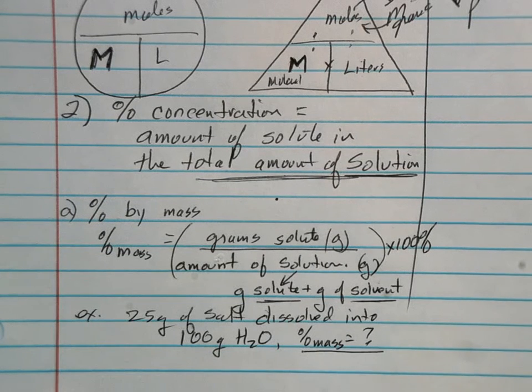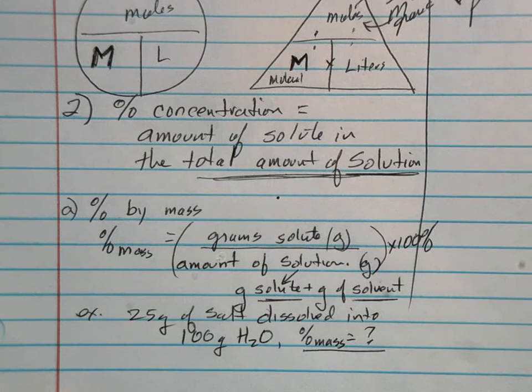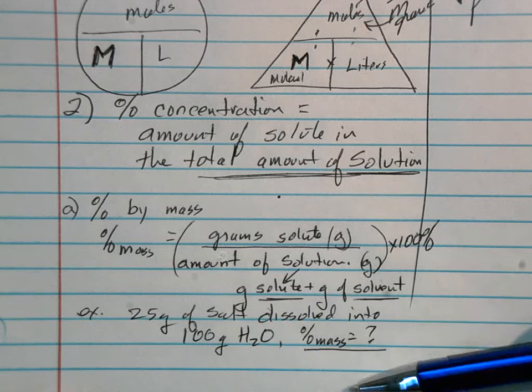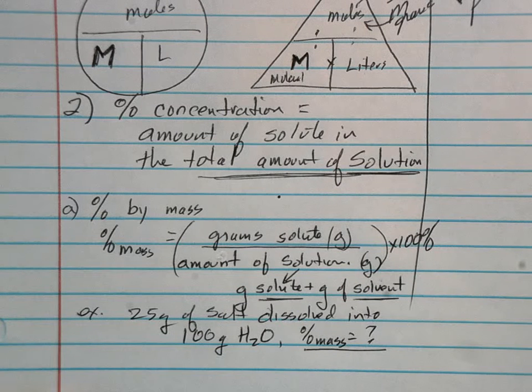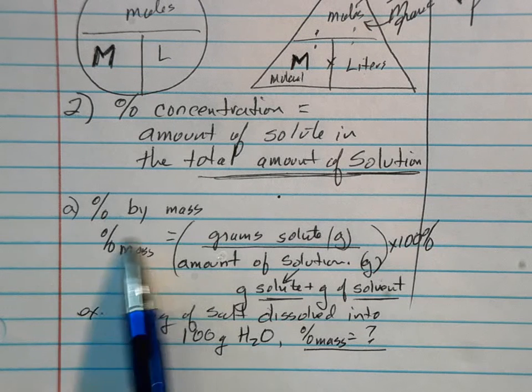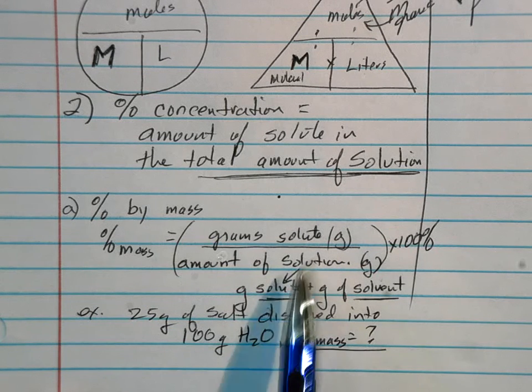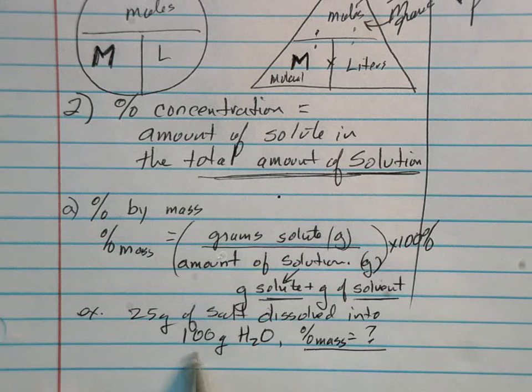That's what we're looking for. So we go back up here to our equation. Do you need a moment to write that out? 25 grams of salt dissolved into 100 grams of water. So we use our equation up here. How many grams of solute do we have? Nope, the grams of water is the solvent. So how much solute do we have?